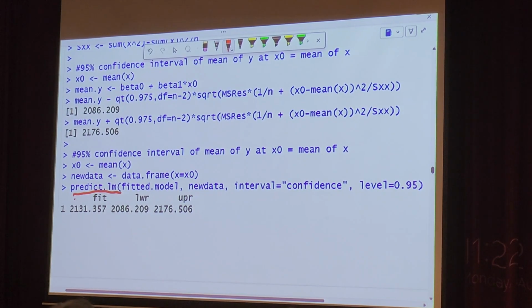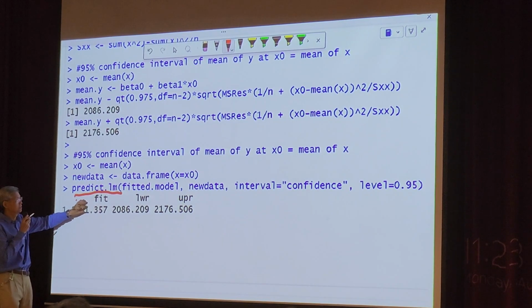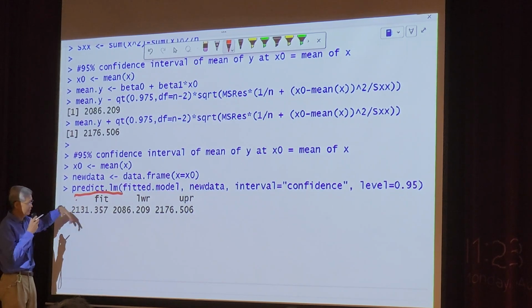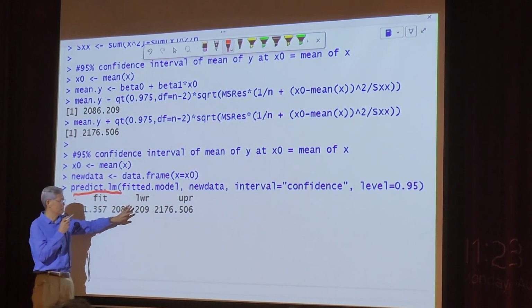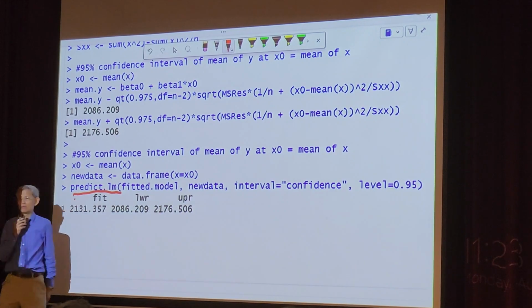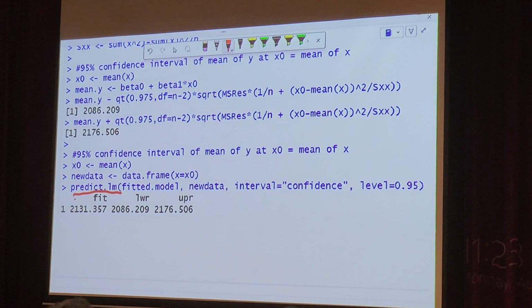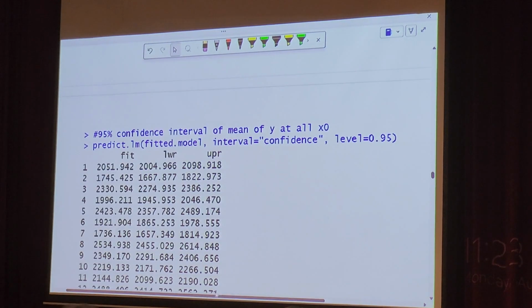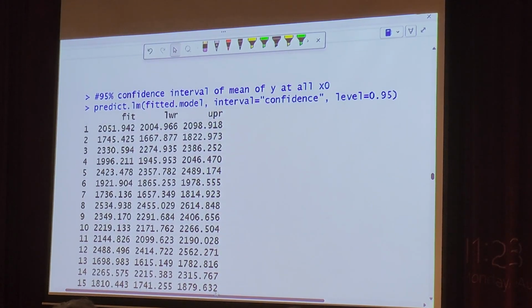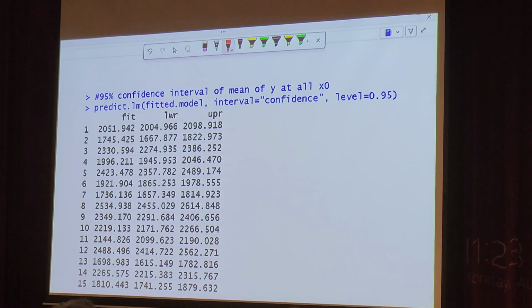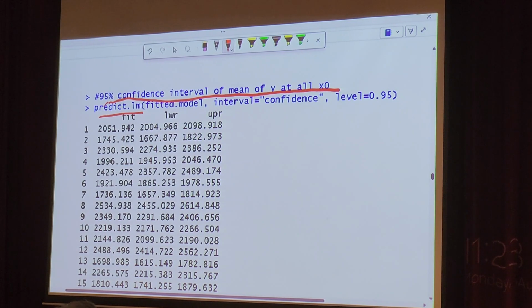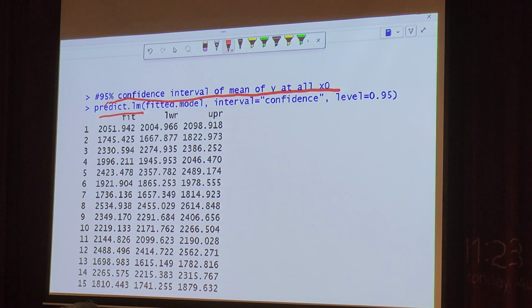If I do that, then it will give me the fitted value, the predicted value, the estimated value, and the lower bound and the upper bound for the confidence interval. Or you can find the confidence interval for all x naught using this function. If you don't provide a particular x naught value, it will just give you all.